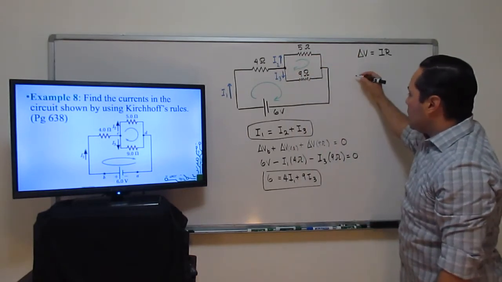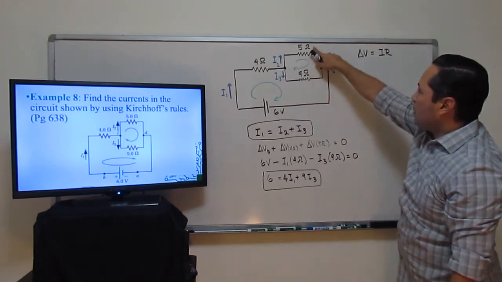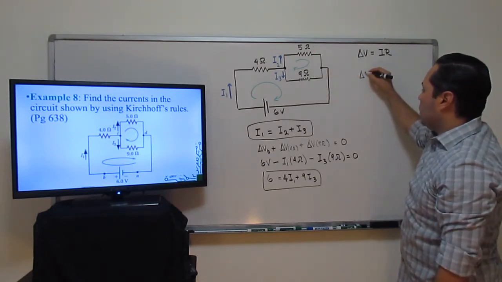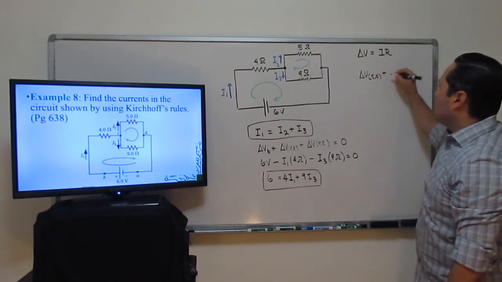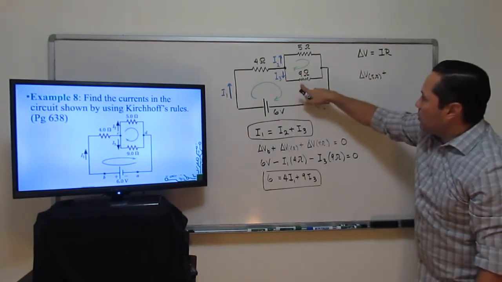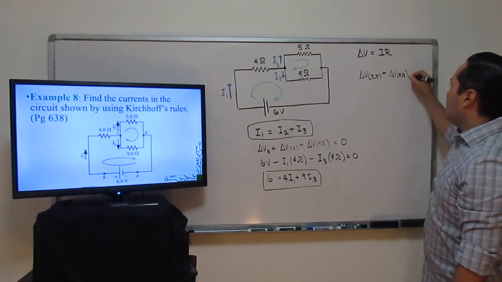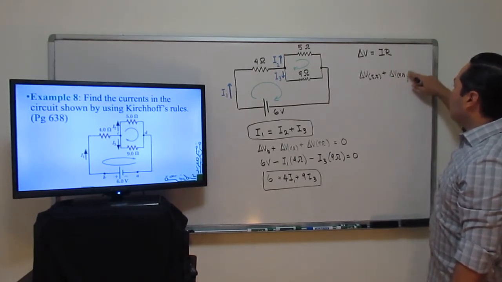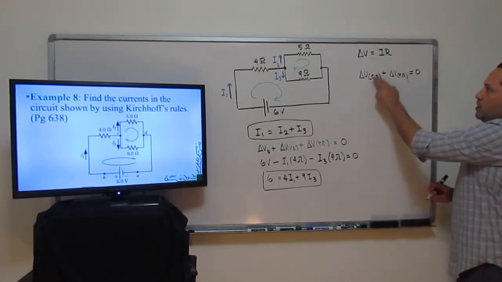So we're going to say that the potential difference for our first resistor, we're going to label that one as 5 ohms, plus for the second resistor down here, the potential difference for the 9 ohm resistor, all right, those guys equal 0.